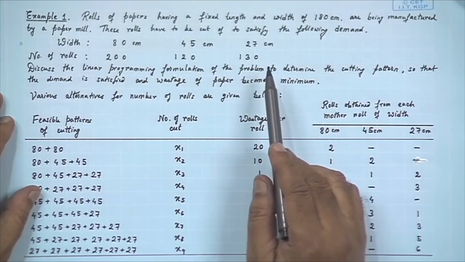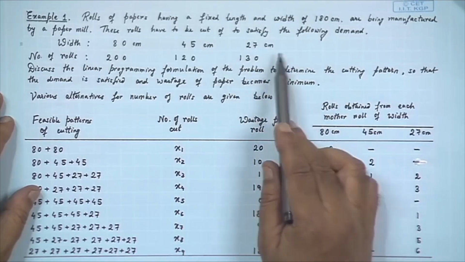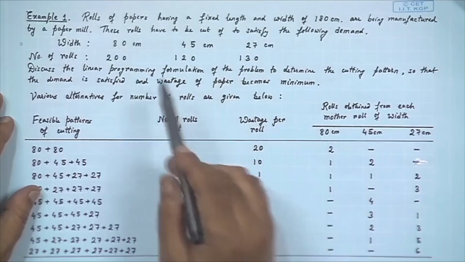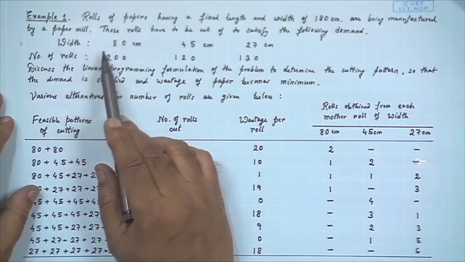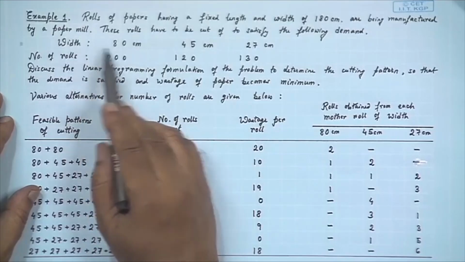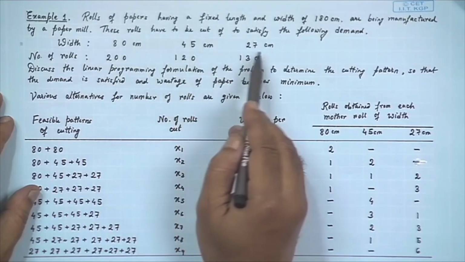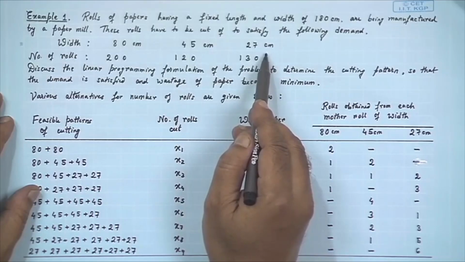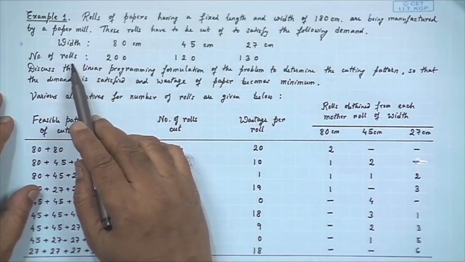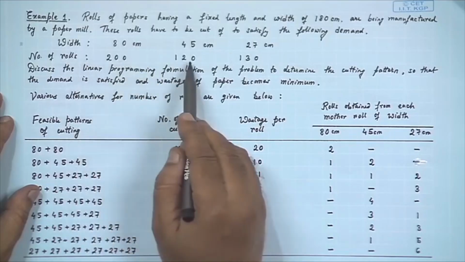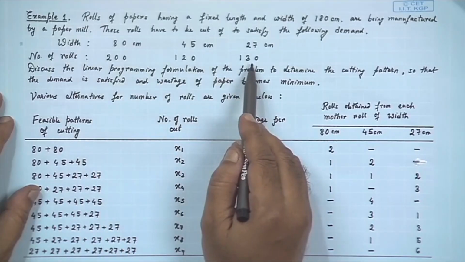The rolls have to be cut to satisfy the following demand. The width can be of 3 types, 80 centimeter, 45 centimeter, 27 centimeter, and the number of rolls we require is 200, 120 and 130.